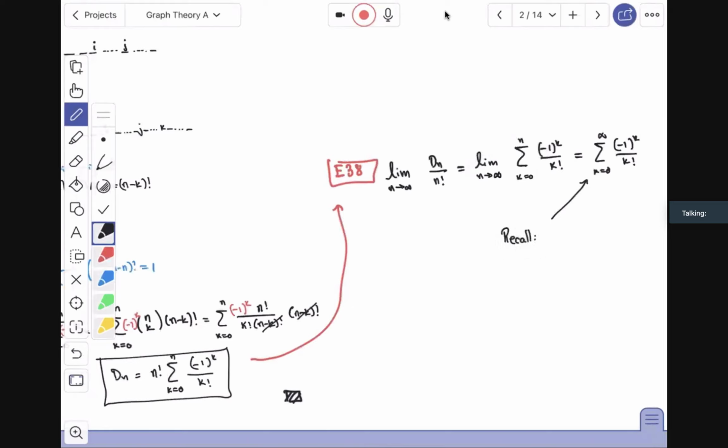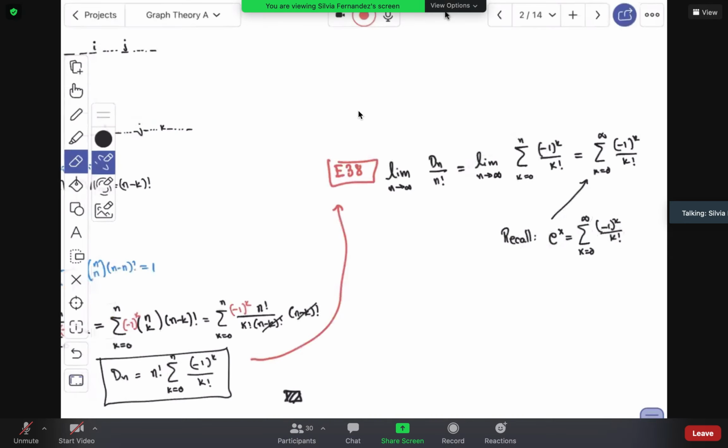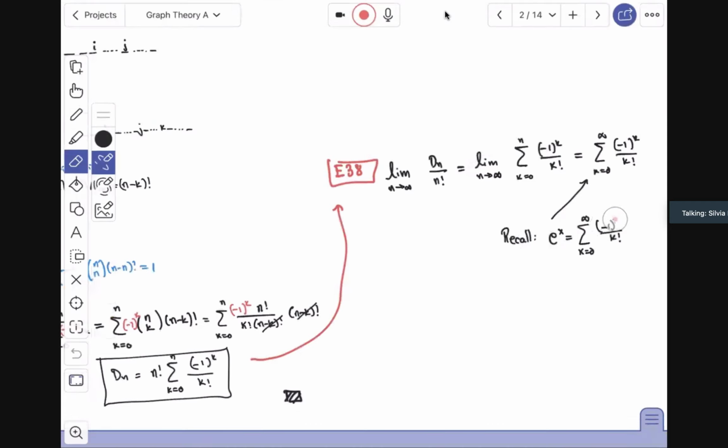This infinite series should remind you of something you saw in calculus when you studied series: the Taylor series for the exponential function looks like this. That's a k, and this is x to the k.